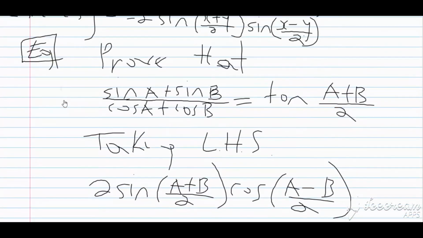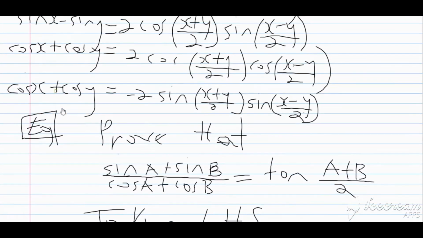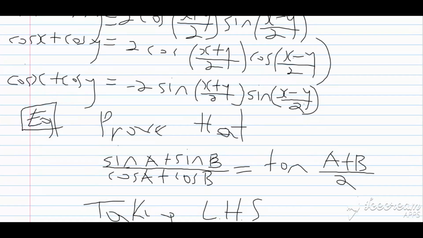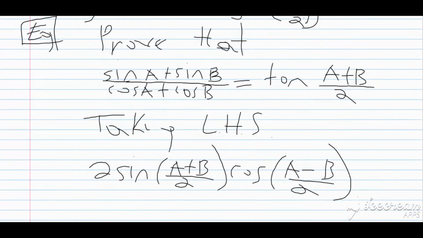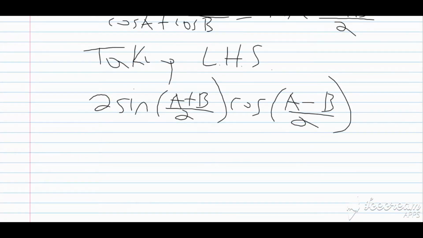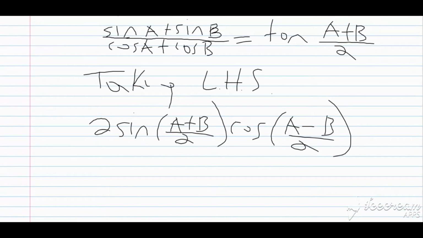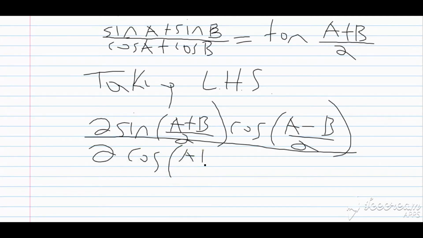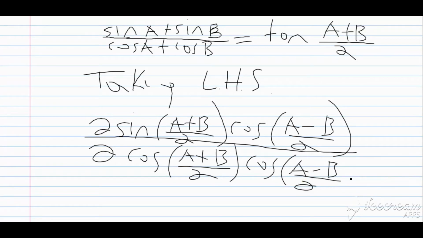It's just for you to apply them. Now what about the cosine of x plus the cosine of y? There we go: 2 cosine (x plus y) upon 2 cosine (x minus y) upon 2. When we apply it to this particular scenario, it's going to be all over 2 cosine (a plus b) over 2 cosine (a minus b) upon 2.